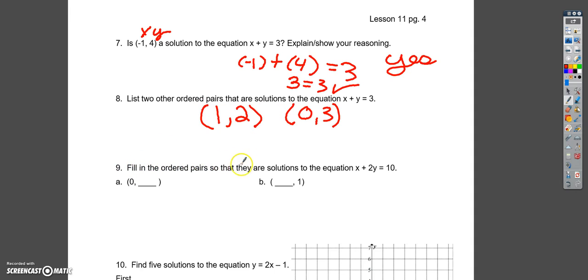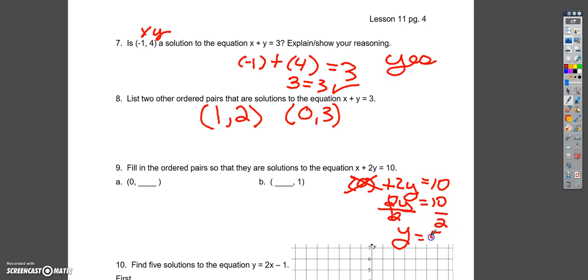Fill in the ordered pairs so that they are solutions to the equation. So if I let x be 0, we'll put a 0 in place of x, and everything else stays the same. So I'm going to put a 0 here, and 0 plus anything just goes away. So we get 2y equals 10. Divide by 2, divide by 2.